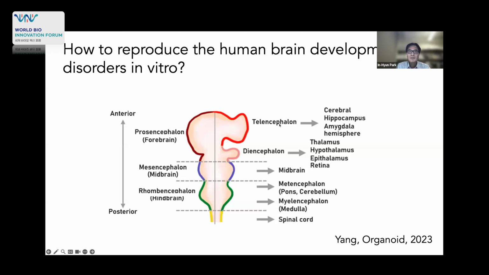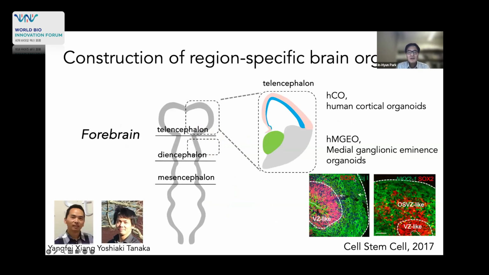The telencephalon produces the cerebral part of the brain. But mainly today, I'm going to introduce the brain areas developed from the diencephalon, the thalamus and epithalamus. There are many methods to produce brain organoids, but we are using so-called region-specific brain organoid generation by using a guided approach.